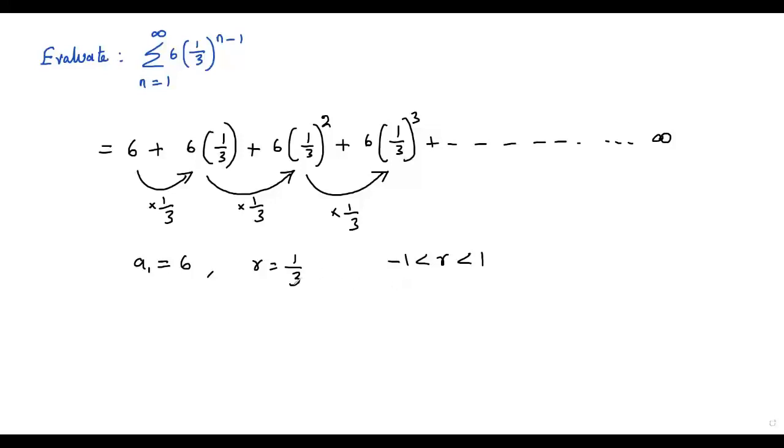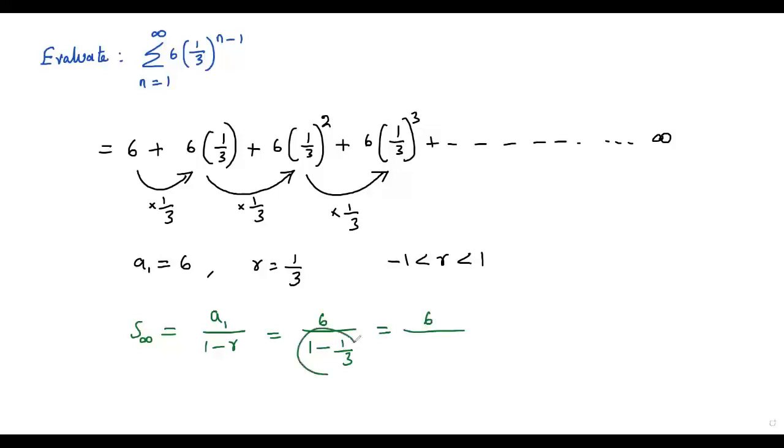Since it is convergent, we can evaluate its sum. The formula for the sum of a convergent infinite geometric series is a1 over 1 minus r. Here a1 is the first term, 6, over 1 minus 1/3.